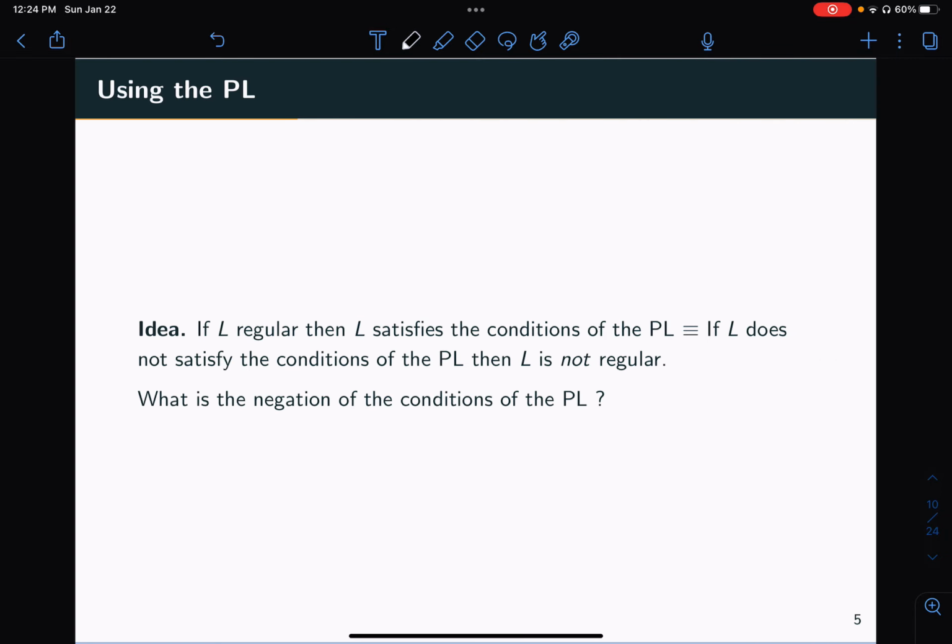Well, we saw that what the pumping lemma tells us is that if L is an infinite regular language, then L satisfies some conditions, right?